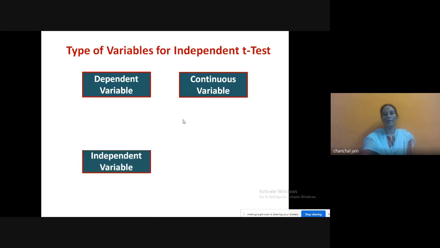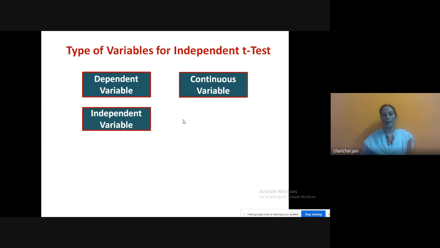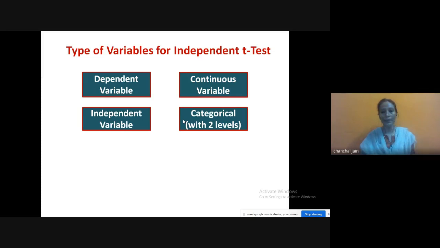Second, we should have one independent variable, and the nature of the independent variable should be categorical, meaning we have to measure the independent variable either on a nominal scale or on a categorical scale, and there should be two levels of that particular variable. Again, I'm taking an example.